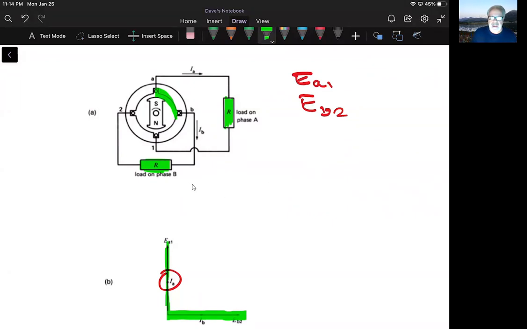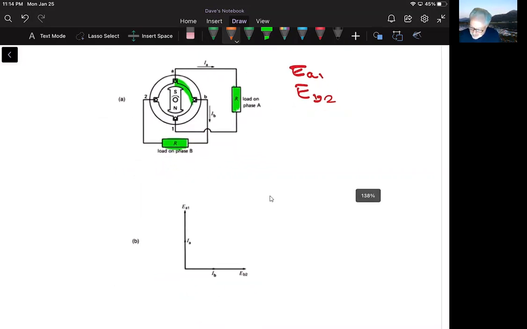The instantaneous power that is going to be developed with this generator is the product of the instantaneous voltage times the instantaneous current. We could look at graphs of that.